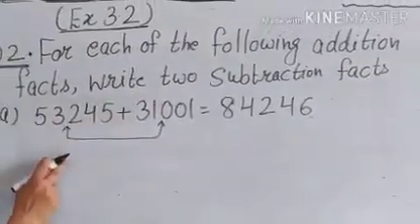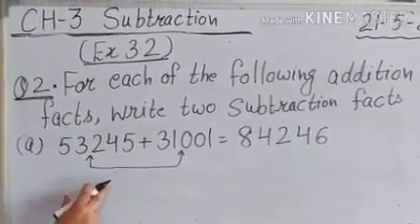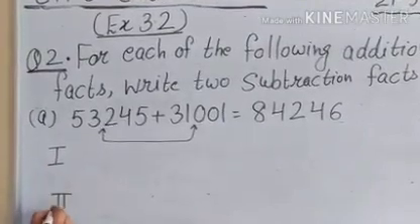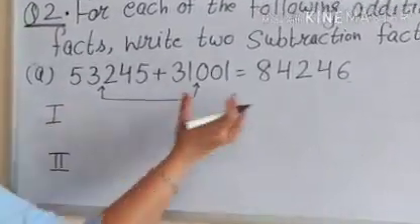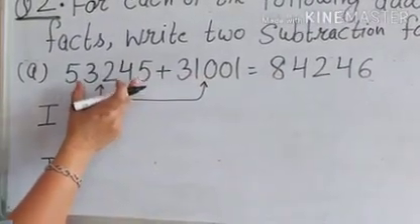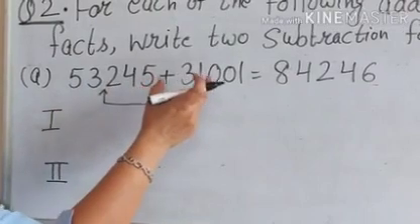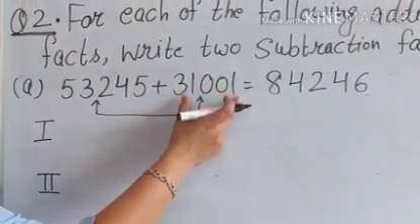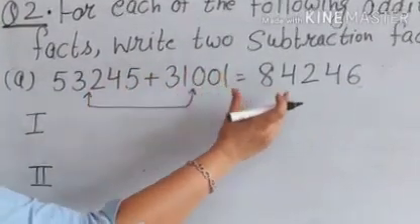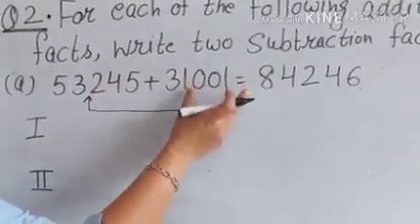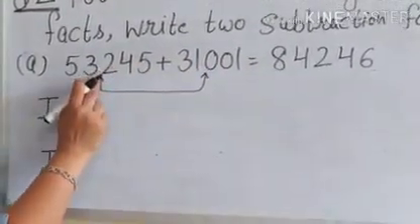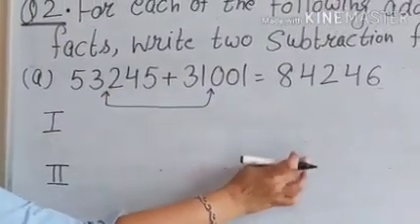So, for each addition question, we have 2 subtraction facts. How can we get that? From that sum. When we subtract the first addend, then the second addend will be our answer. And when we subtract the second addend from that sum, the first addend will be our answer.